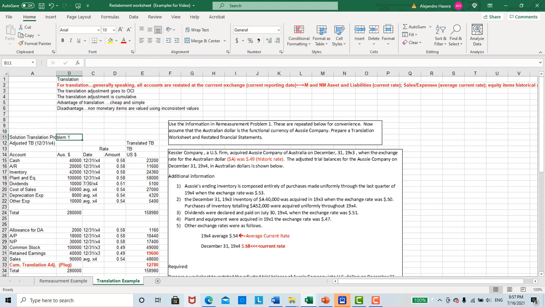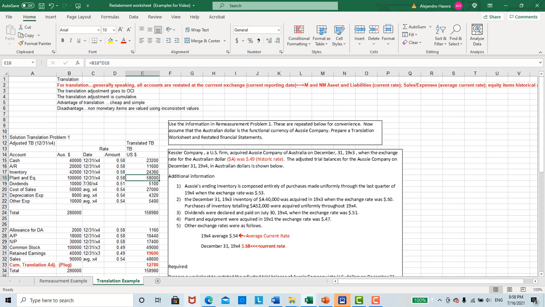What do I mean by that? Well, let's take a look at plant and equipment. Maybe you bought this plant and equipment a year ago. Plant and equipment is supposed to be valued at historic cost when you bought it, but you're taking the historic cost, which is 100,000, and restating it at the current exchange rate. So what does that mean?